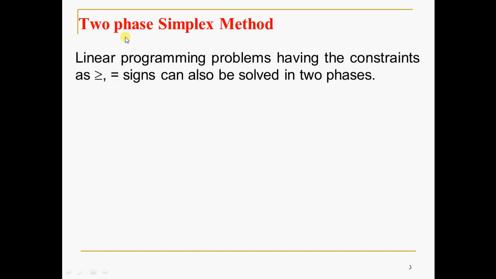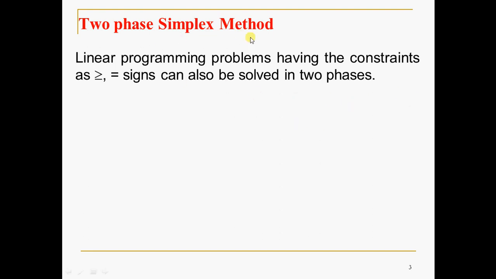Coming to the two-phase simplex method, linear programming problems having constraints with greater than or equal signs can also be solved in two phases. In the previous session, we discussed the big M simplex method.